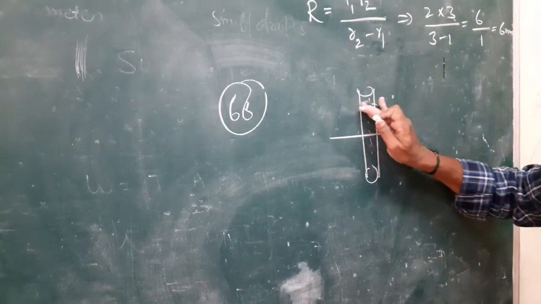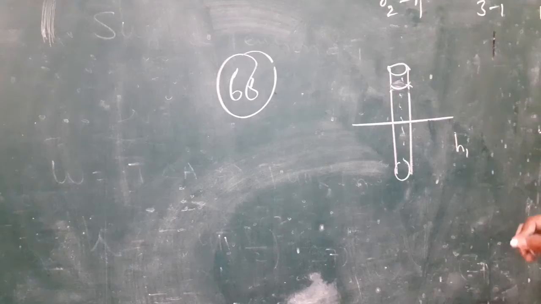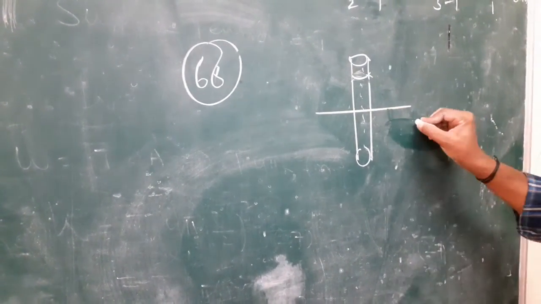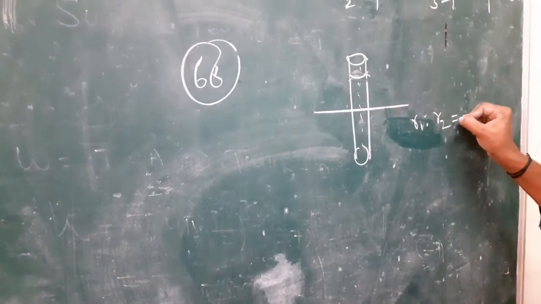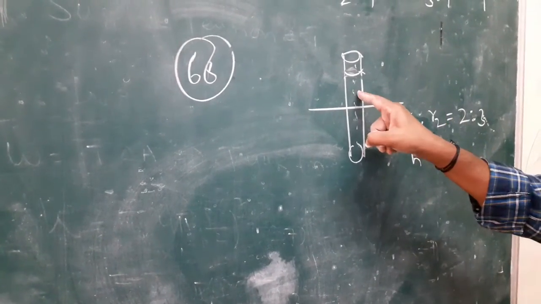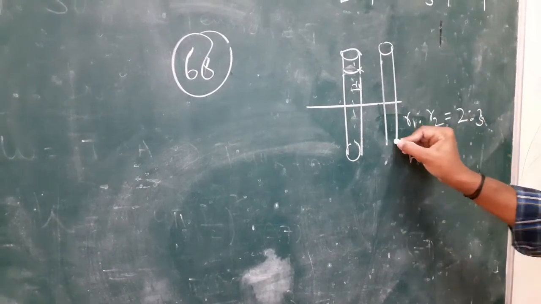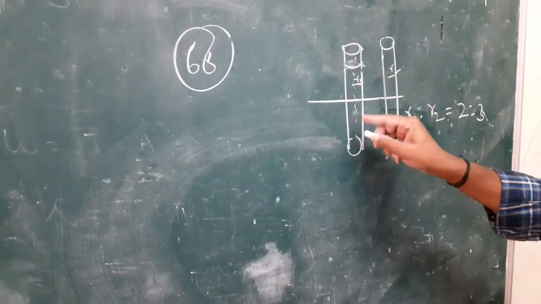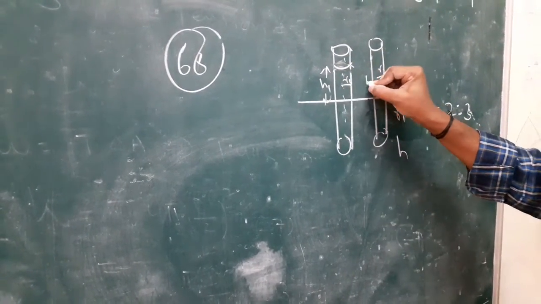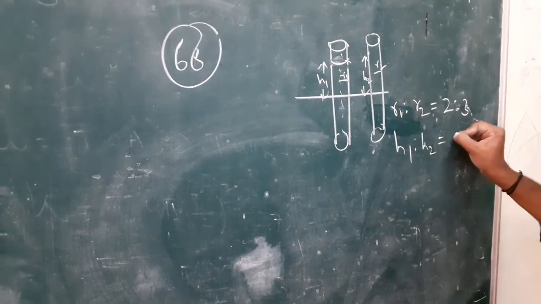The ratio of the radii of the tubes is R1 to R2 equal to 2 is to 3. The first tube has radius R1 and the height raised is H1; the second tube has radius R2 and the height raised is H2. We are asked H1 to H2.